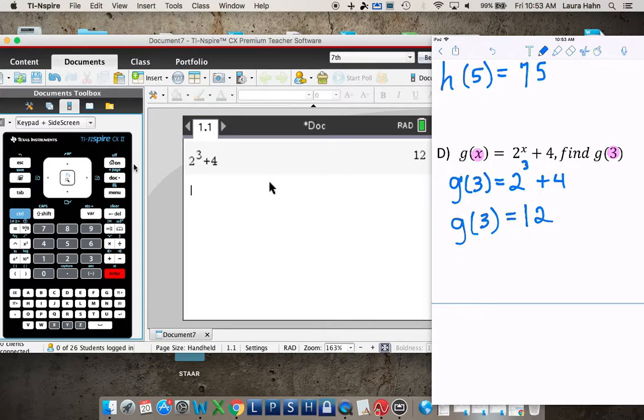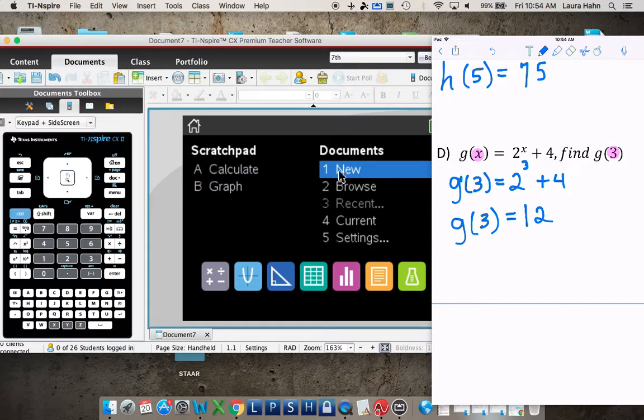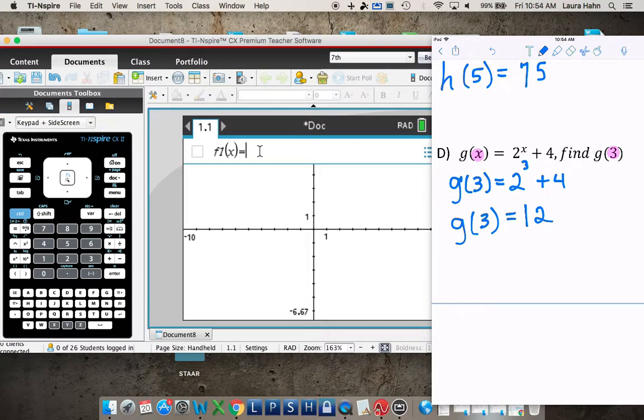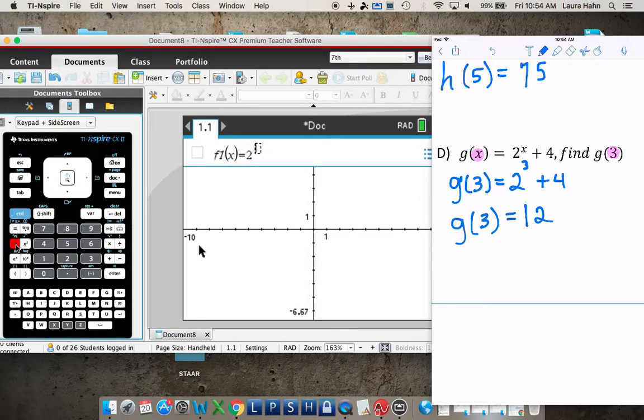All right, so let's check ourselves using the graph. Remember, when you're going to graph, you have to type in the equation exactly as it was given. So 2 to the x power plus 4. So 2, press the up caret key to get our exponent of x. Press the right arrow to get out of the exponent, plus 4.